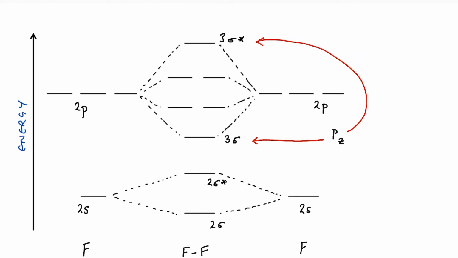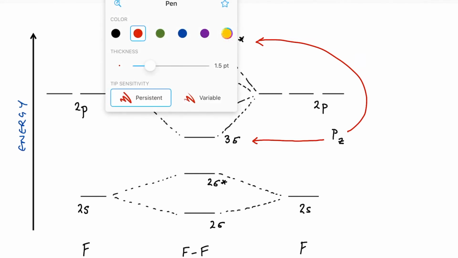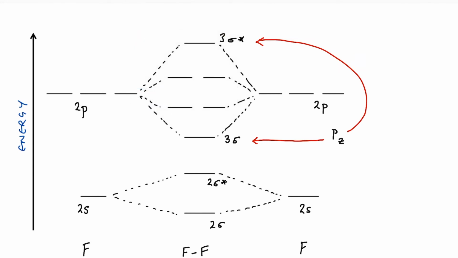My px and my py are combining to form pi bonding and antibonding orbitals. So these would be my 1 pi bonding and my 1 pi antibonding. 1 because it's the first set of pi orbitals that we have got in this molecular orbital diagram. So let's just make a note of those. These two are the result of my px and separately my py orbitals combining.